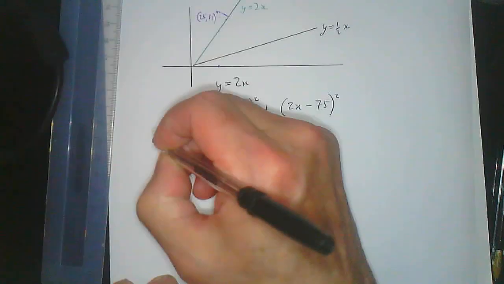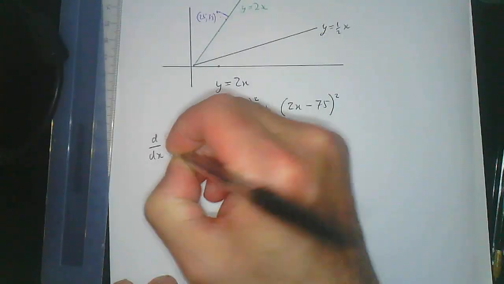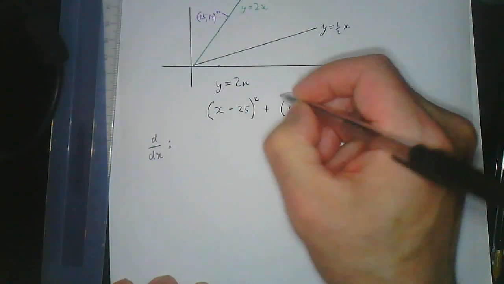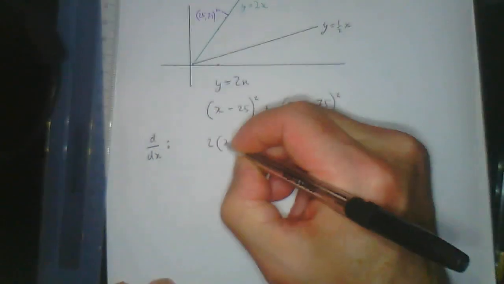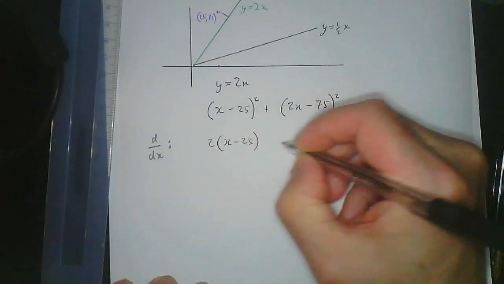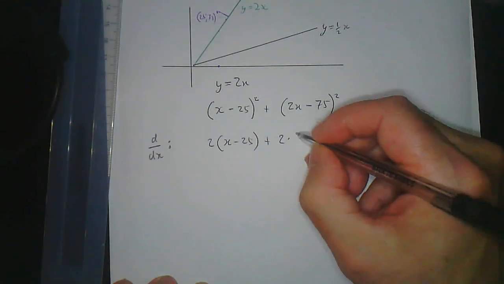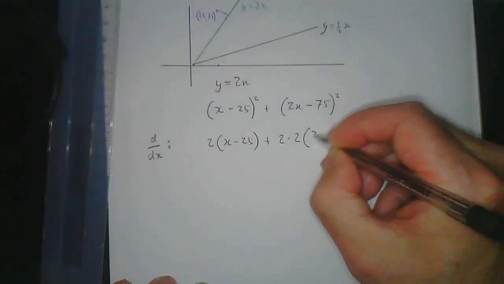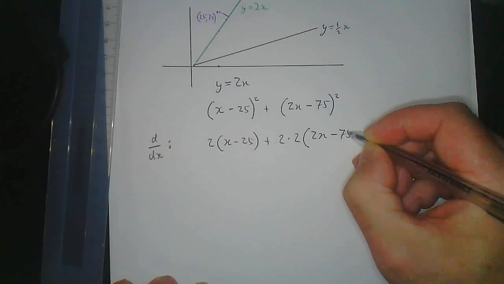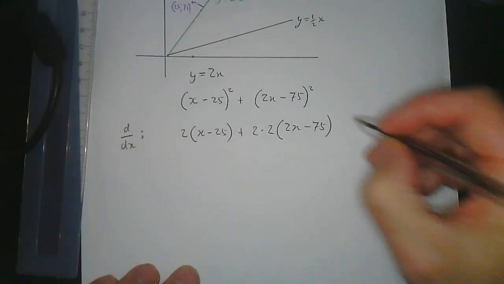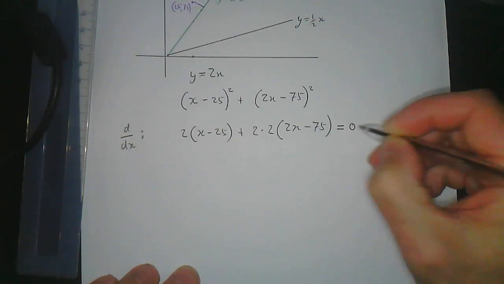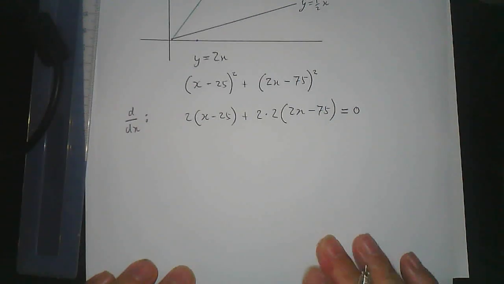So we're really talking about differentiating now. Let's differentiate this. We get 2(x minus 25) plus 2 lots of, and then there's a 2 in front of that x, so that comes out as well, (2x minus 75). And all this we want to set to 0 to find the minimum.